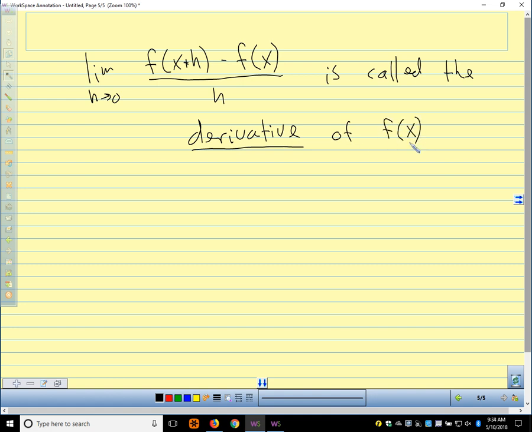So that concept, that function that you get when you find this limit, the slope of your function at any particular point, is called the derivative of the function.